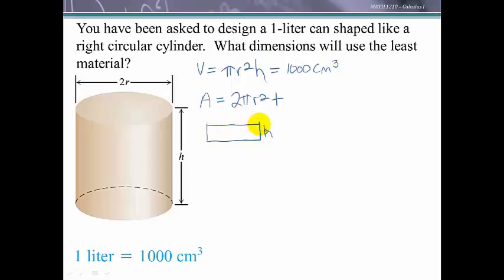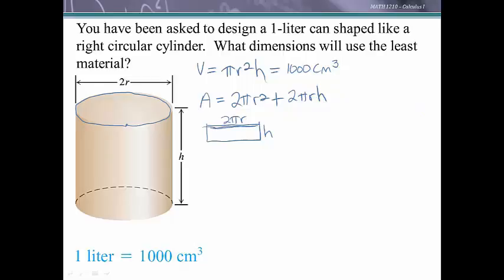How long would it be? It would be the distance around the circle, which is the circumference, 2 pi r. So the area to go around the sides is 2 pi r h.